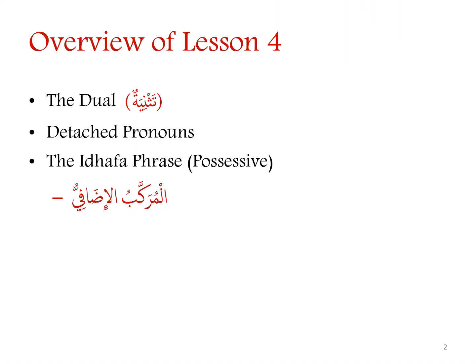So the dual in Arabic, what we call tathniyah, is when we have two objects. I've already looked at when we have one, that's called mufrad. We looked at 3 plus, which is jam'.